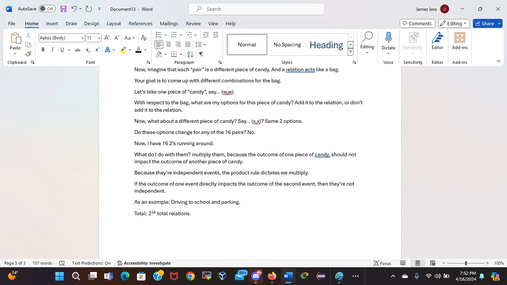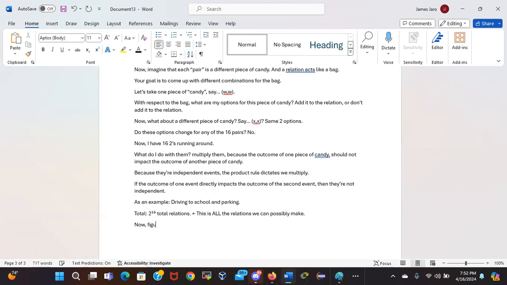Any other questions you guys have for me? So one relation would be choices I'll put in. And in terms of the question, we need to find symmetric relations with x, y. So these are all the relations we can possibly make.